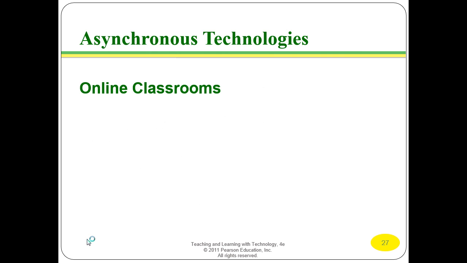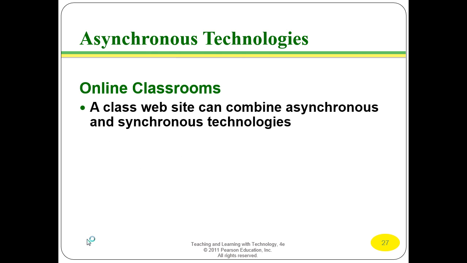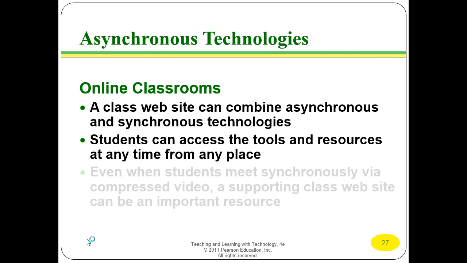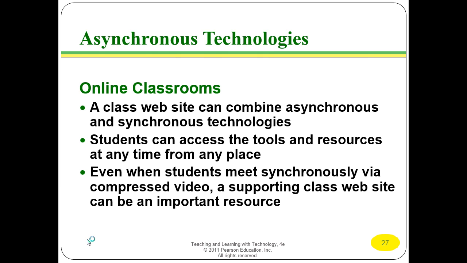Then we've got our online classrooms. It's a class website that can combine asynchronous or synchronous technology, so we can have our own web page. Students can access the tools and resources at any time and from any place, just like you can here in Jewel. Even when students meet synchronously via compressed video, a supporting class website can be an important resource.